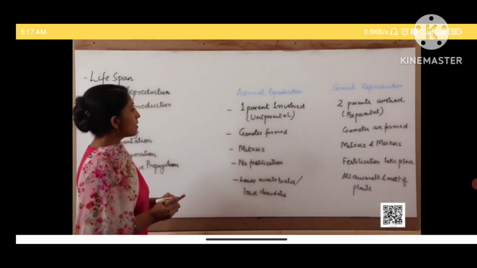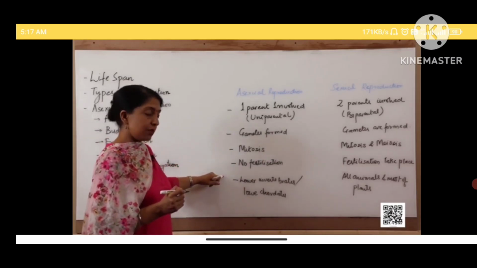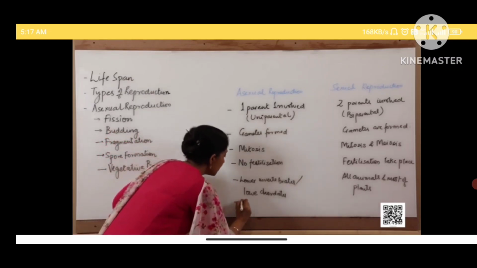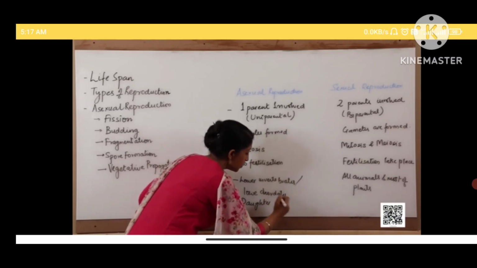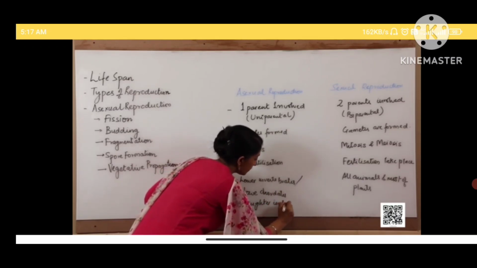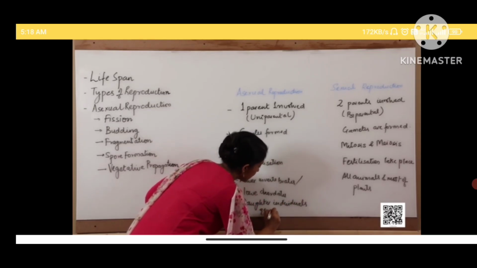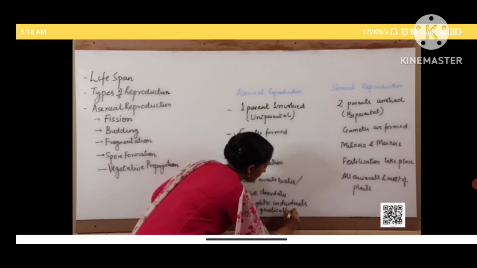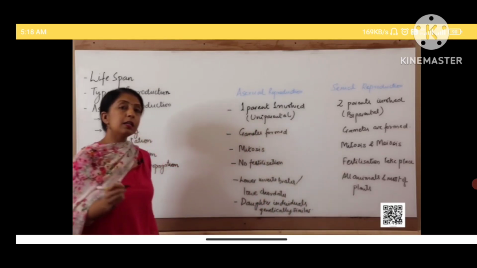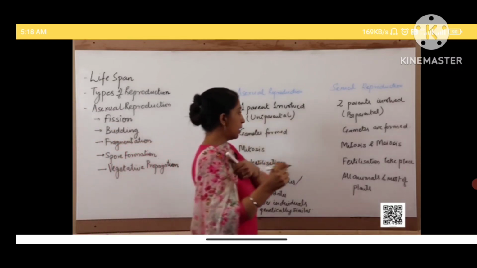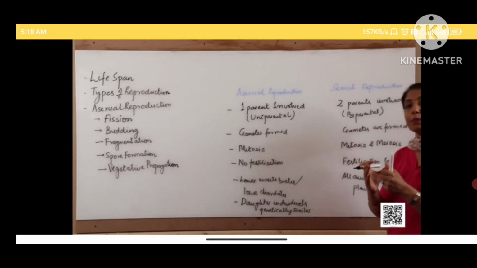Now, since only one parent is involved and no fertilization is taking place, the daughter individuals that are formed are genetically similar to the parents. Whereas in sexual reproduction, variation takes place as there is a combination of gametes.